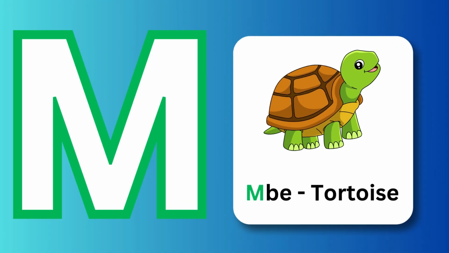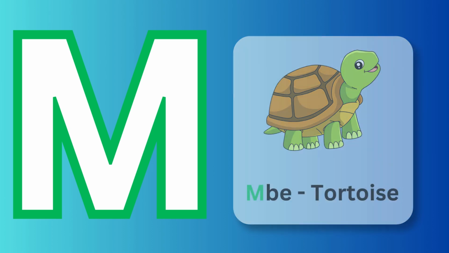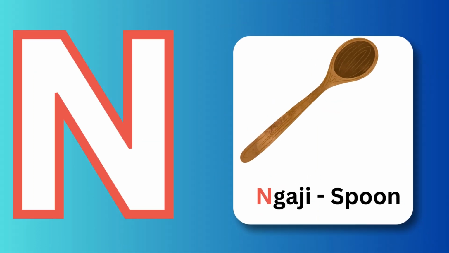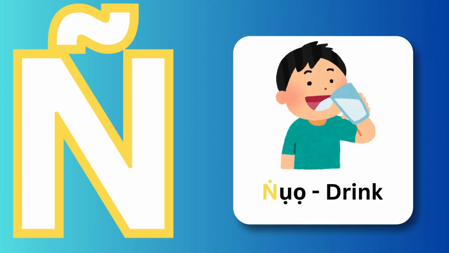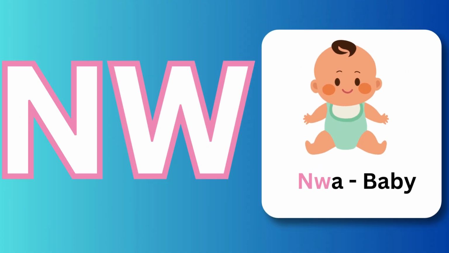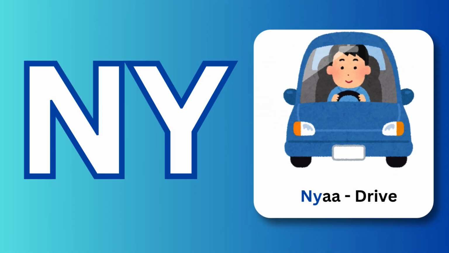M dịka na mbe, that is tortoise. N dịka na ngaji, that is spoon. Ṅ dịka na ṅụọ, that is drink. Nw dịka na nwa, that is baby. Ny dịka na nya, that is drive.